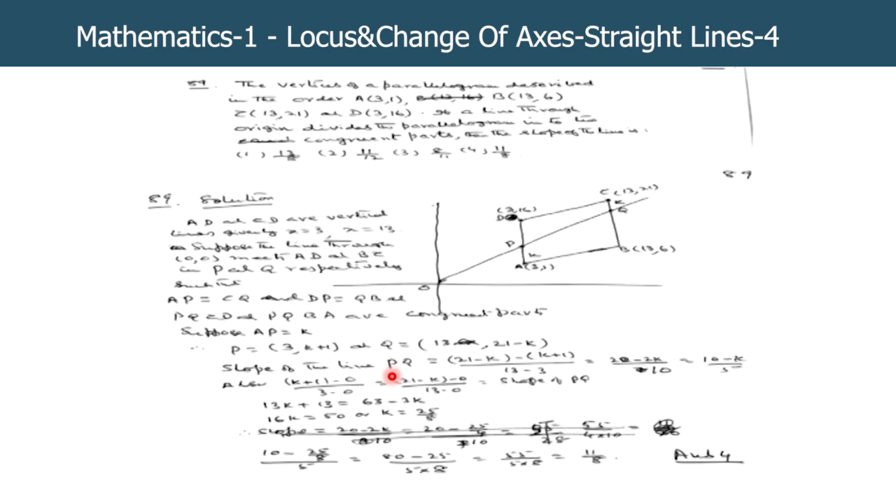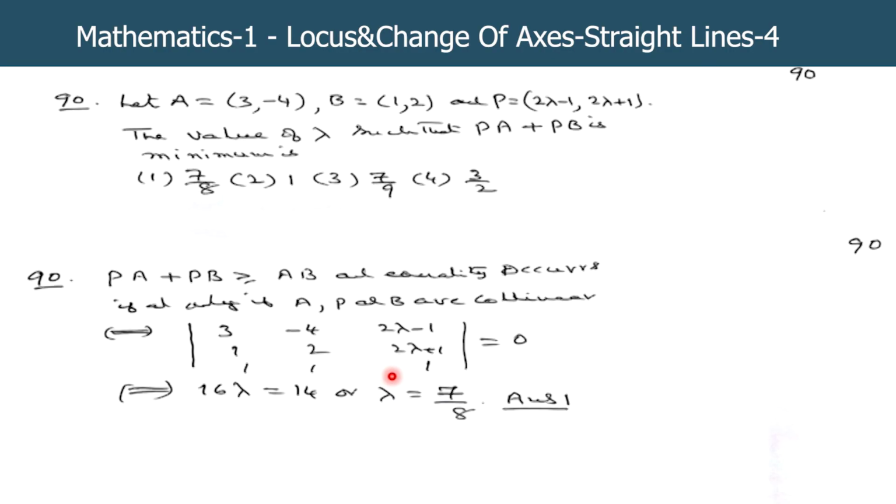So you can calculate the slope of PQ in two different forms, which gives the equation 16K = 50, or K = 25/8. Slope: (K+1)/3 = (25/8+1)/3 = 33/24 = 11/8. So the answer is 4. The correct option is 4, 11/8.